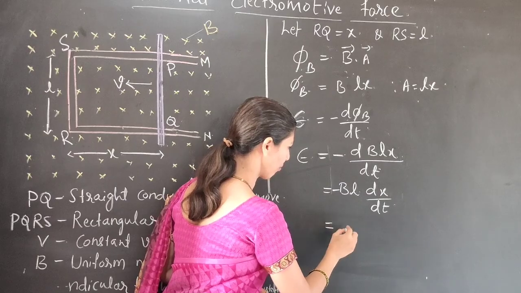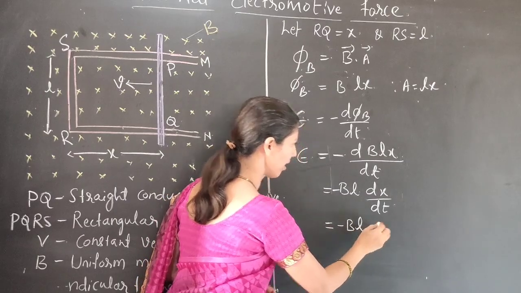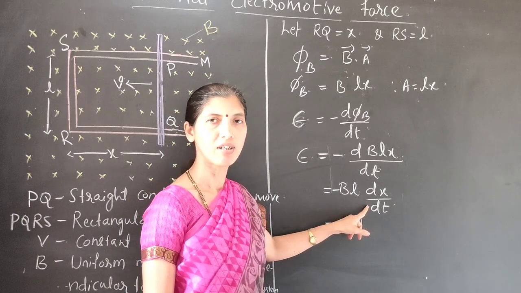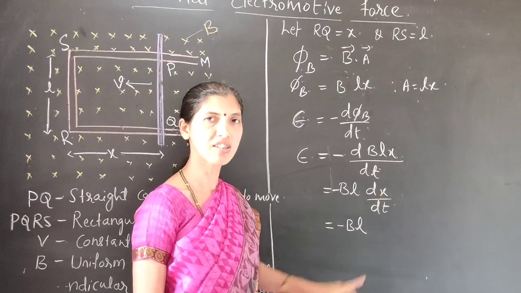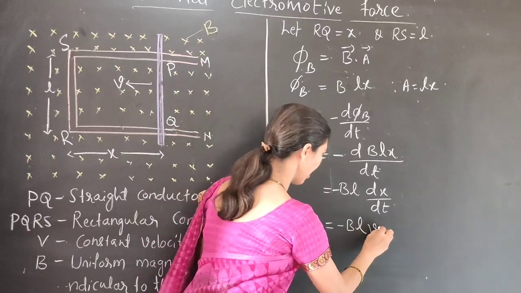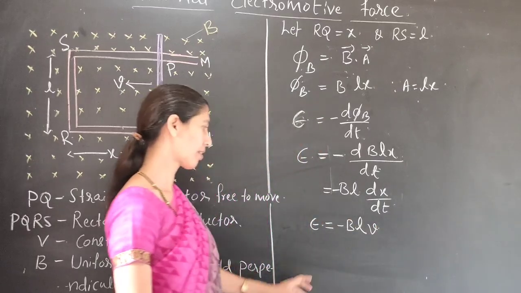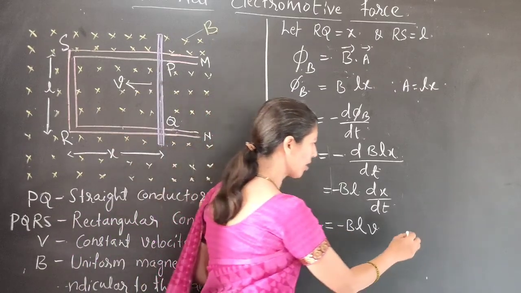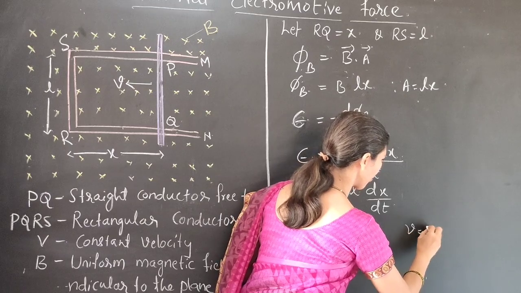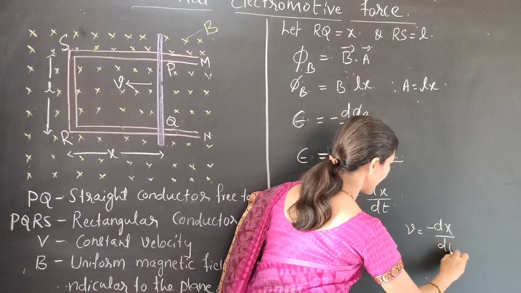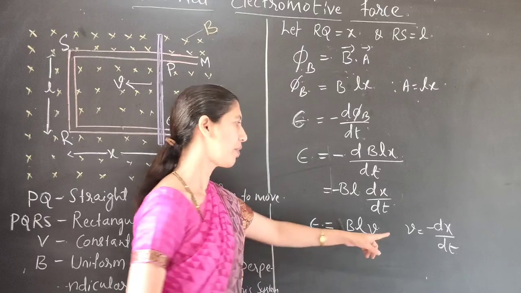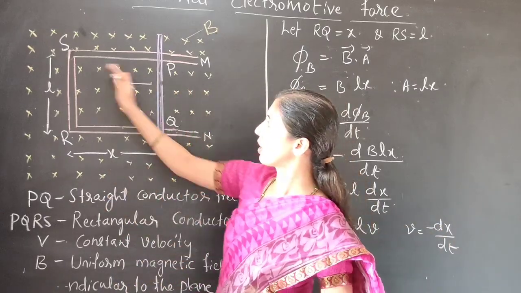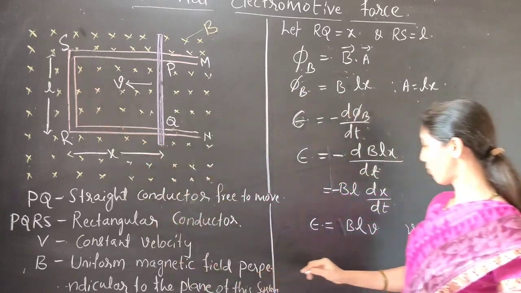So this is equal to minus BL times dx divided by dt. What is dx divided by dt? Rate of change of displacement is velocity, or rate of change of distance is speed. So E is equal to minus BLv, or if you take v is equal to minus dx divided by dt, this becomes plus, because the conductor is moving in this direction with a speed v.